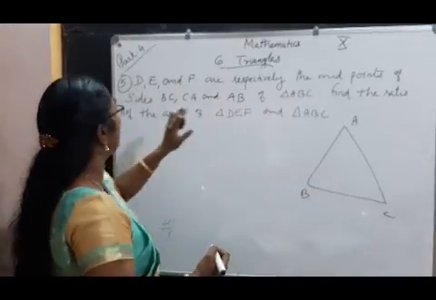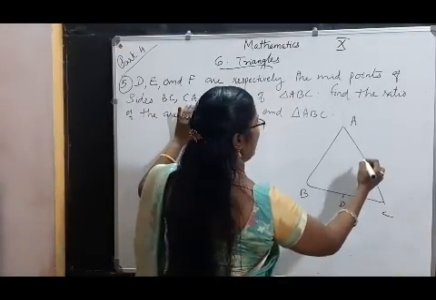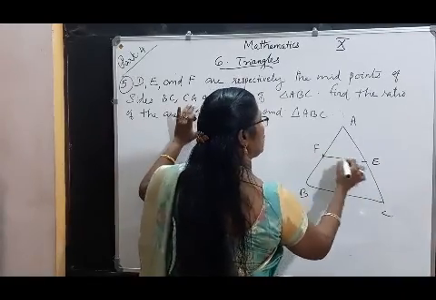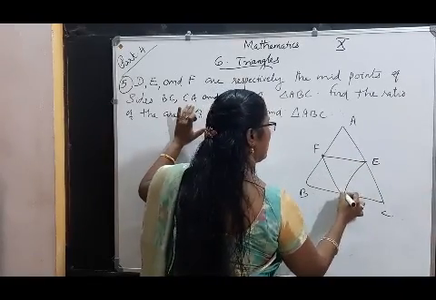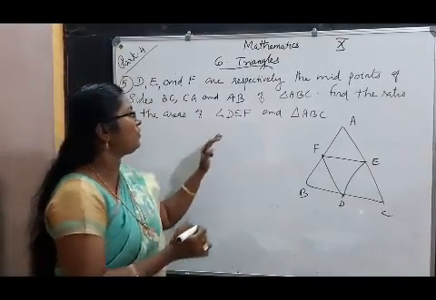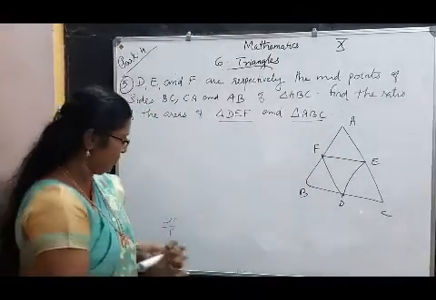D, E, F are respectively the midpoints. Join these. Okay. Our aim is to find the ratio of the areas of DEF and ABC.